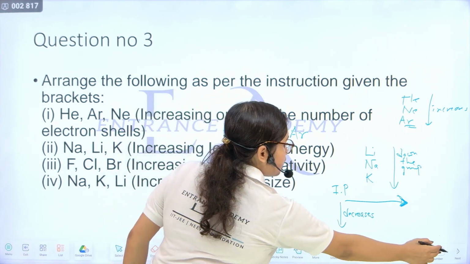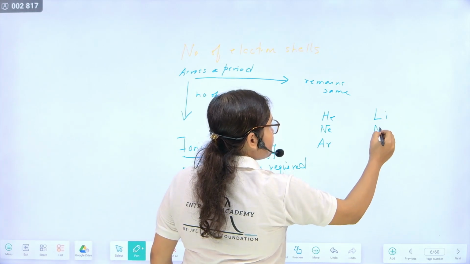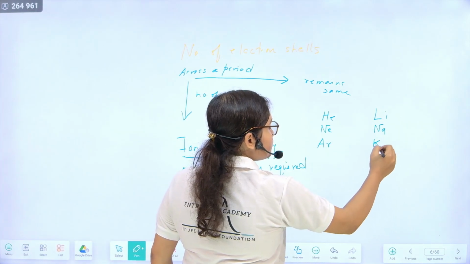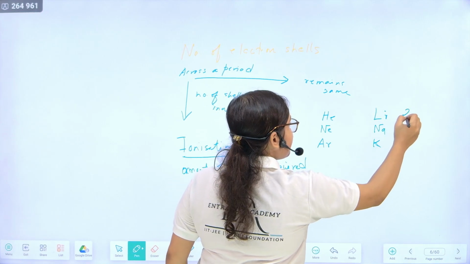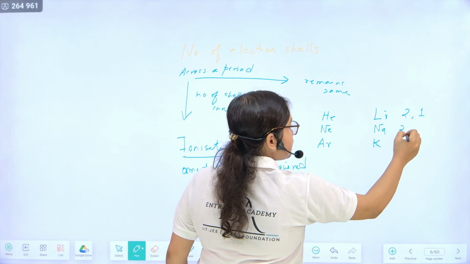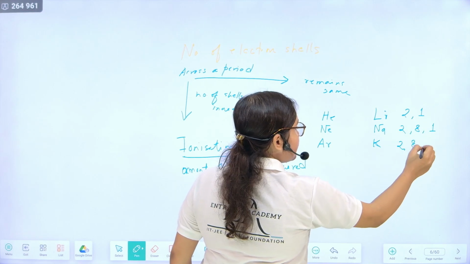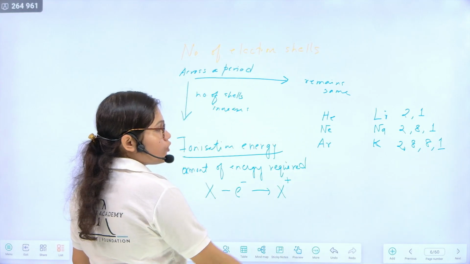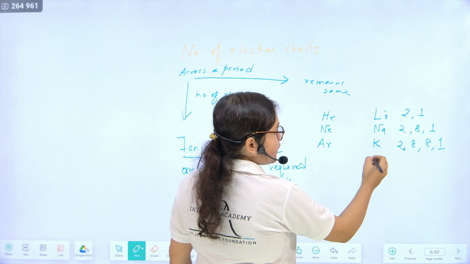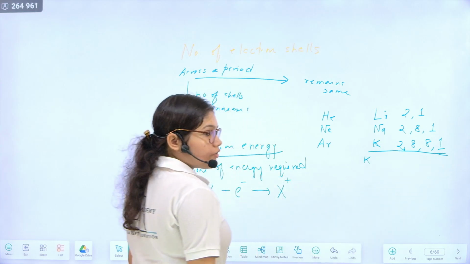You know the electronic configuration of lithium, sodium, potassium. Lithium is 2 1, sodium is 2 8 1, and potassium is 2 8 8 1. So the distance is maximum in case of potassium, and the outer attraction is minimum.